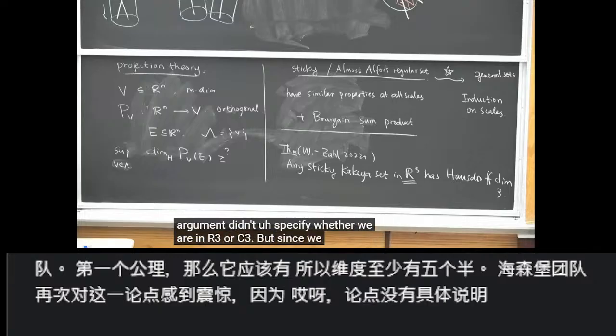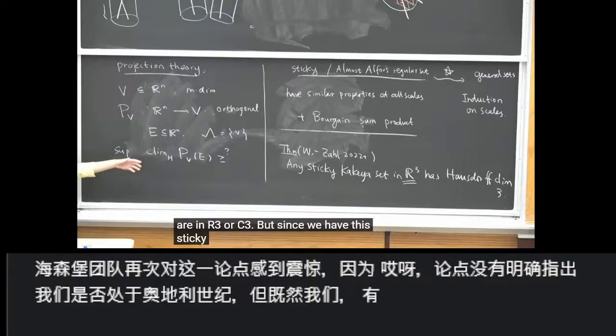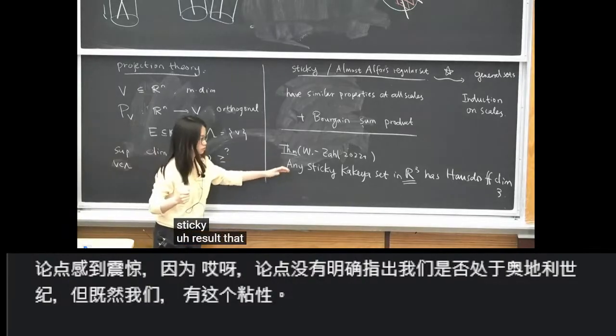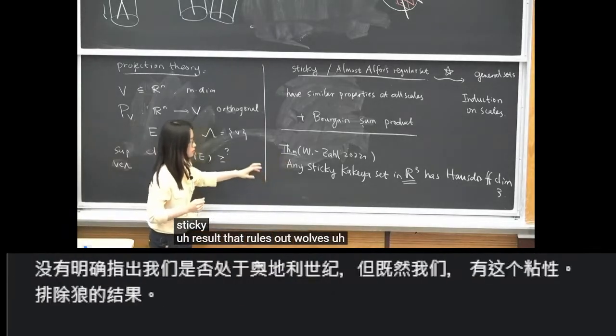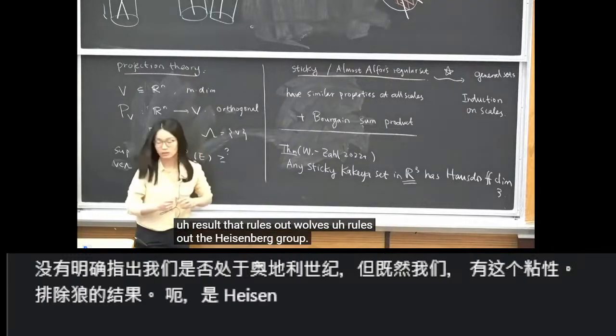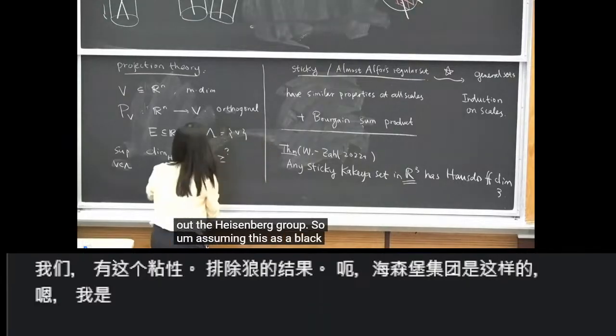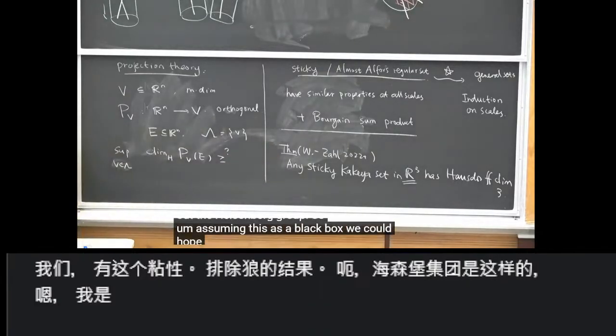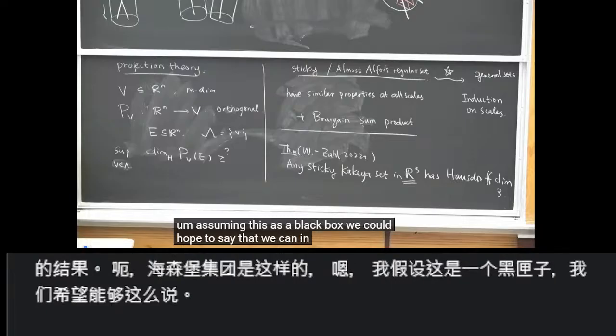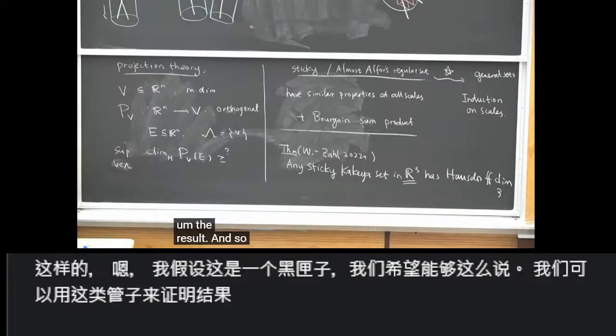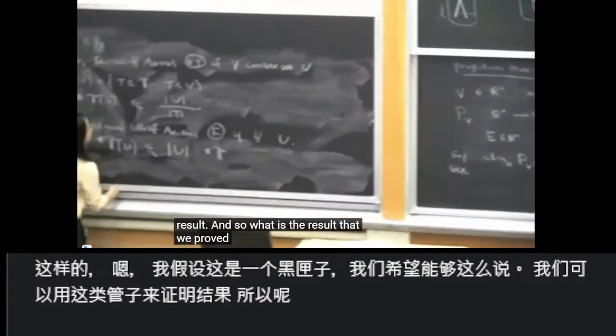But since we have this sticky result that rules out the Heisenberg group, assuming this as a black box, we could hope to say that we can work with this class of tubes and prove the result. And so what is the result that we proved?